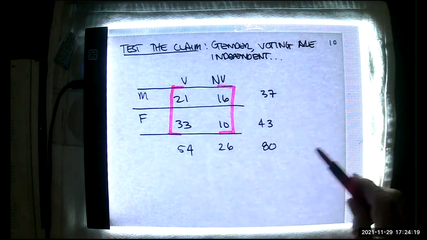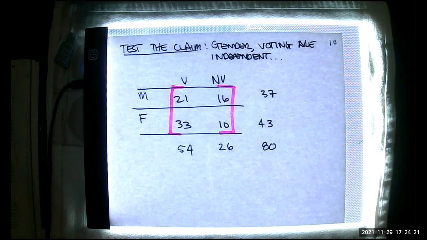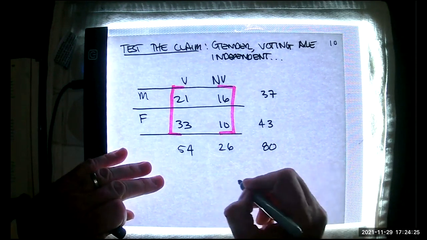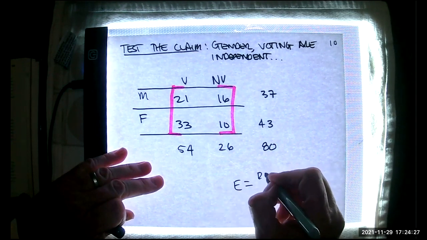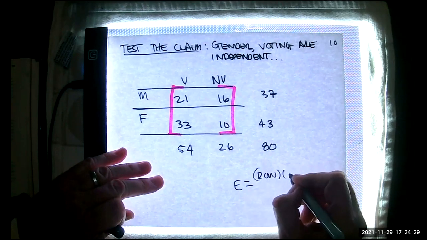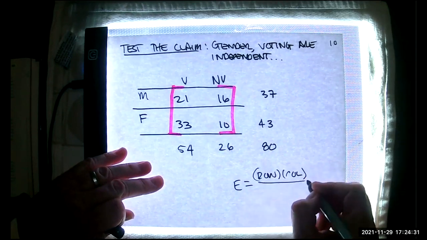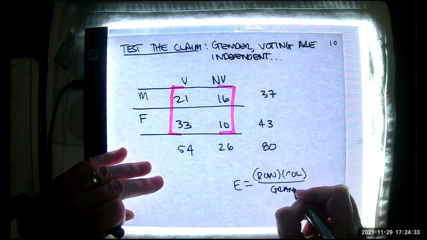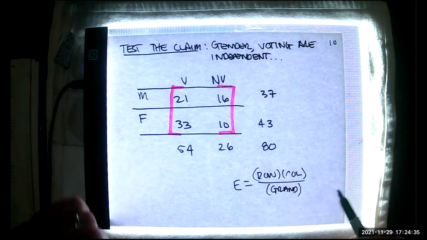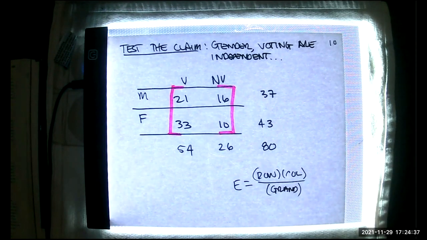I also have row and column and grand totals in there also. And the reason, again, it's kind of glossed over, the expected value is row total times column total divided by the grand total. And we're going to check one of them, then I'm going to show you how to find them very easily on your calculator.